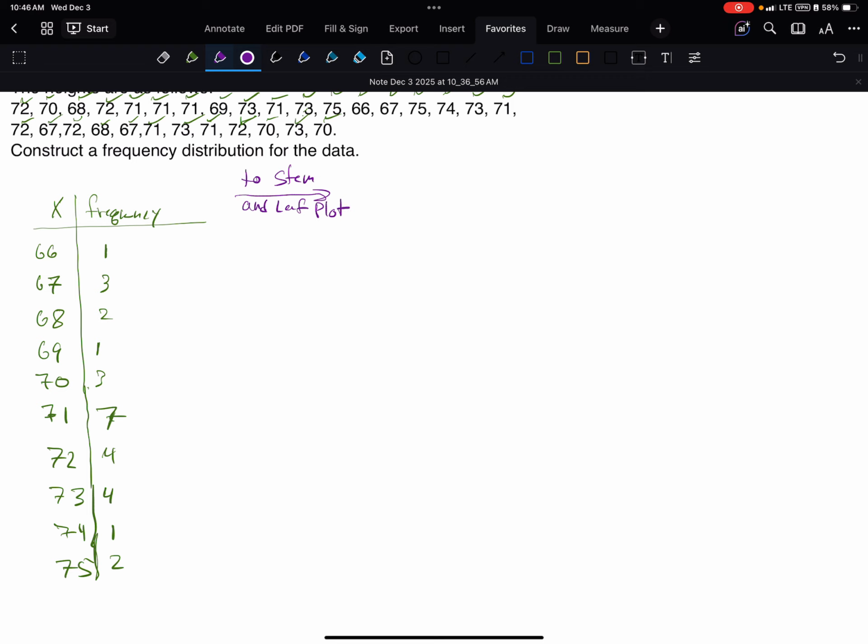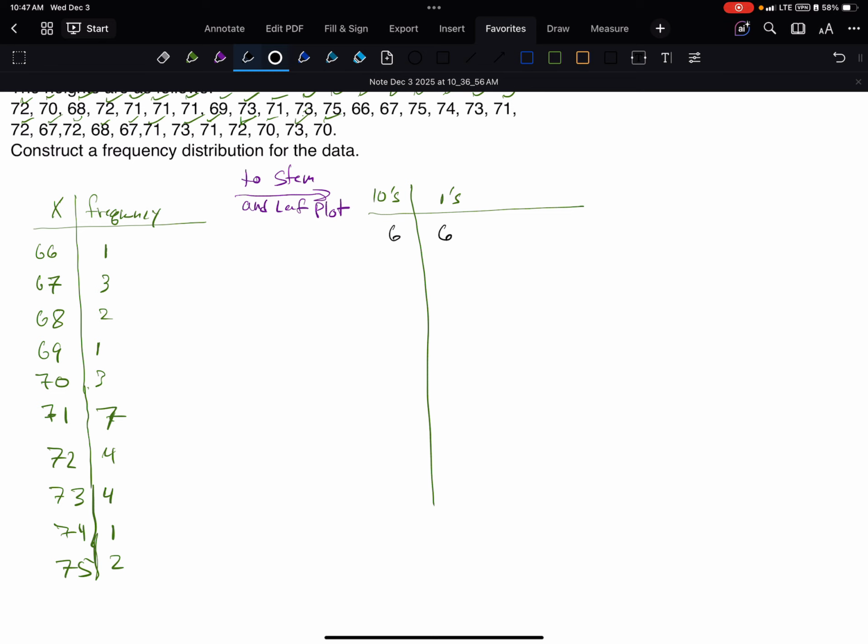Okay. Well, the stem and leaf plot had my tens and my ones places. So the way I would write that is a 6, 6 for my 66.